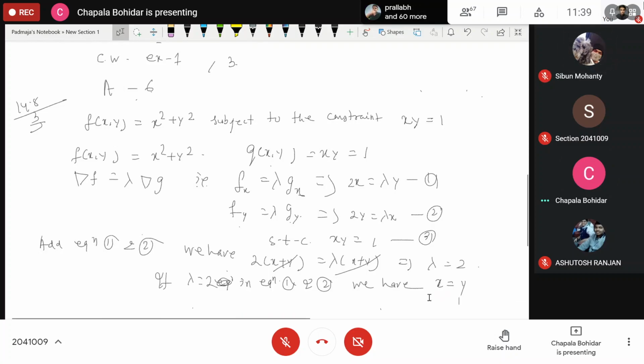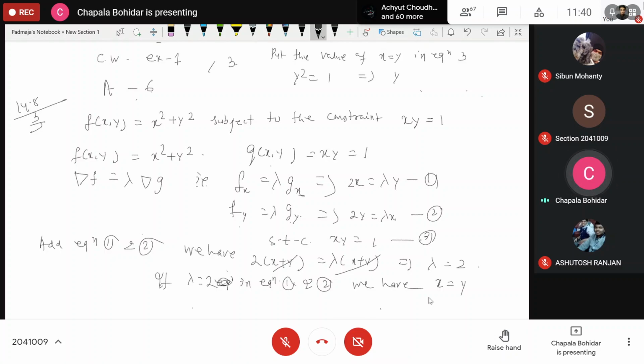Okay. So now, put the value of x and y in x is equal to y in the constant equation 3. So what you get, y square is equal to 1.